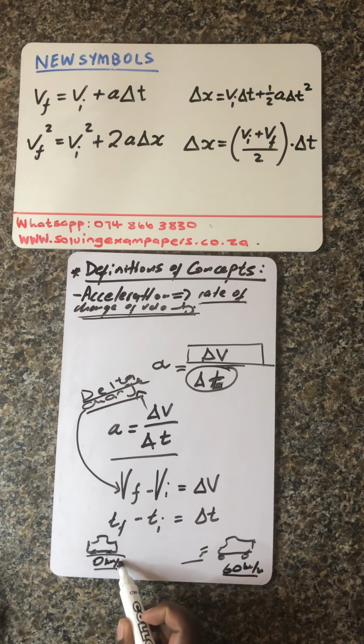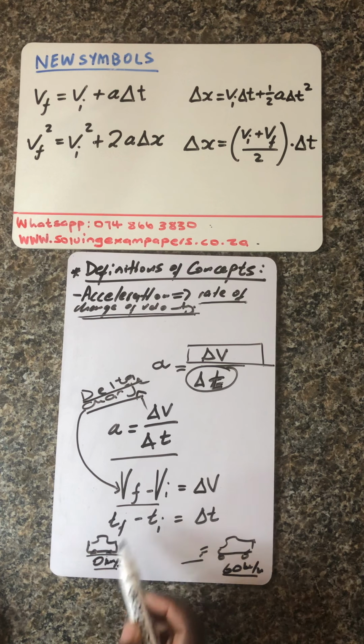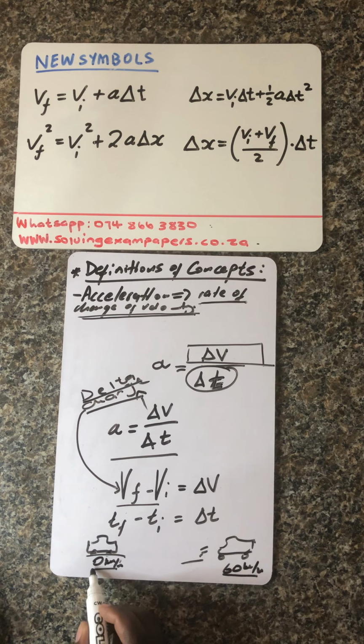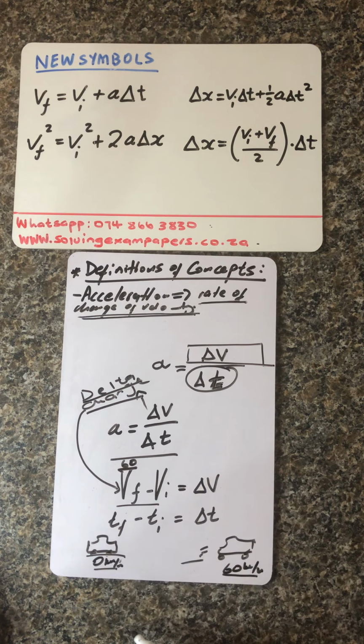So if you were to substitute into this formula, this is 60 minus 0. This is 60, which is your velocity final, and this is 0.